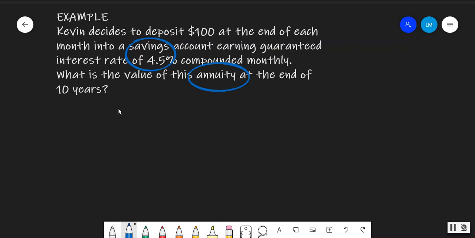So first off, the payment is $100. The R is going to be 0.045. The T is equal to 10. And then, let's see, what else do we need? The M. The M says that it's going to be 12 months.